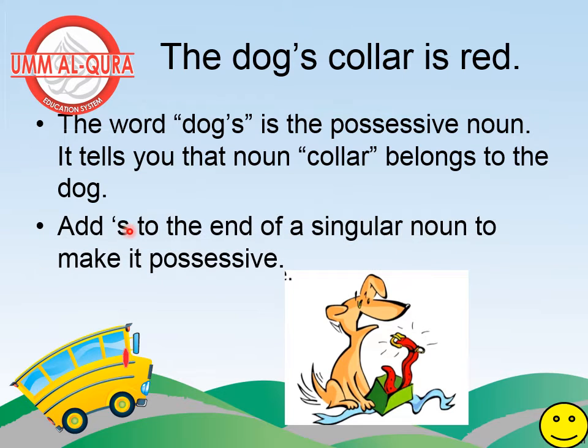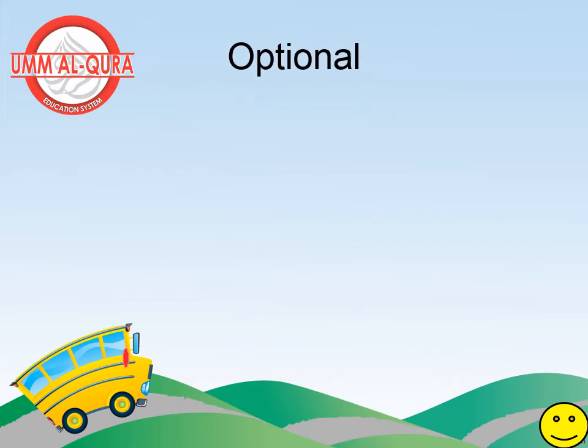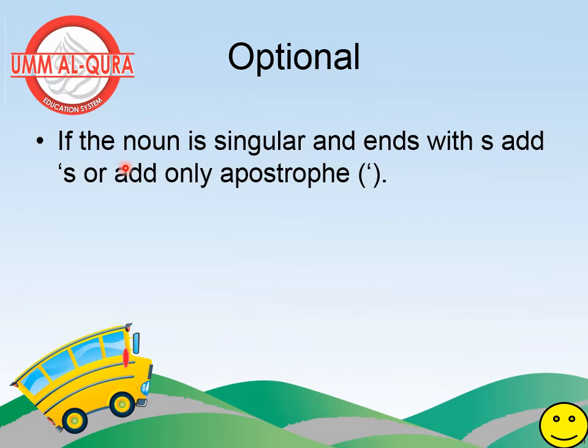Add apostrophe s to the end of a singular noun to make it possessive. How can we show possession of any noun? We will write its name and after that we will add apostrophe and s to show the possession. Here are some options. Something is optional over here. If the noun is singular and ends with s, sometimes nouns end with s, so we can add apostrophe s or we can only add apostrophe, just this one.